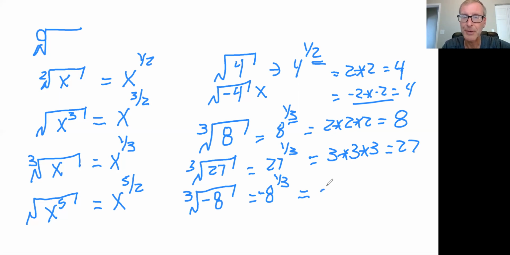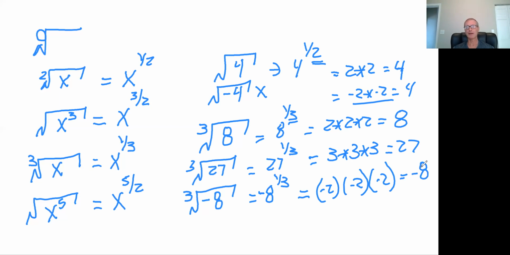If we took minus 2 times minus 2 times minus 2, remember we have 3 minuses here, right? So an odd number of minuses gives you a minus, and so you would get minus 8. And when you go through this, if you do minus 27, you would get minus 3 times minus 3 times minus 3. And so that would also be okay.